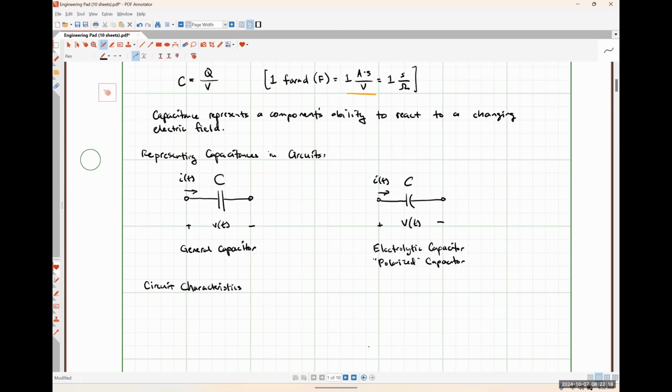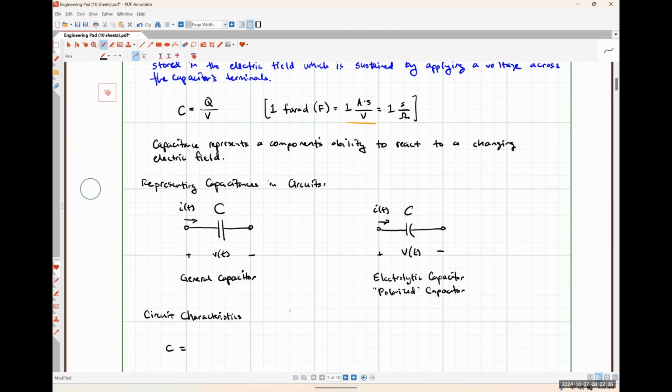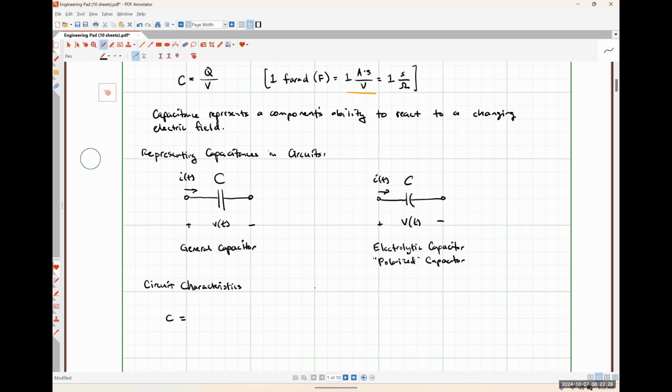Up here, or above, I just moved it off the screen, we have the relationship that C is equal to Q over V, which we could easily rearrange to say that Q is equal to C times V.